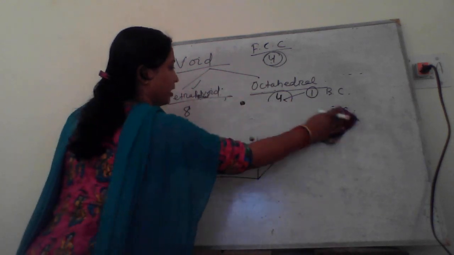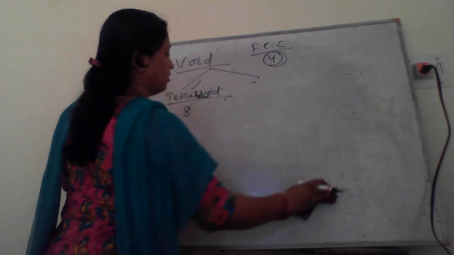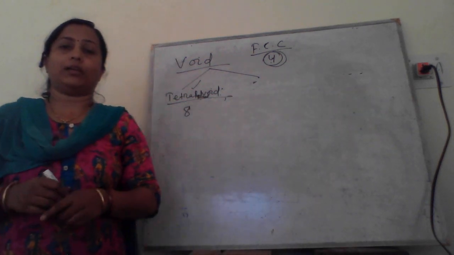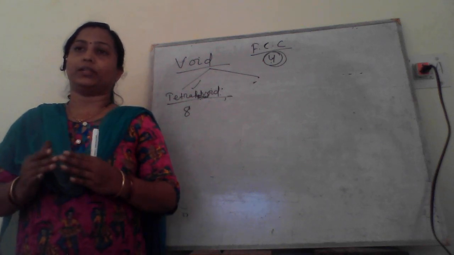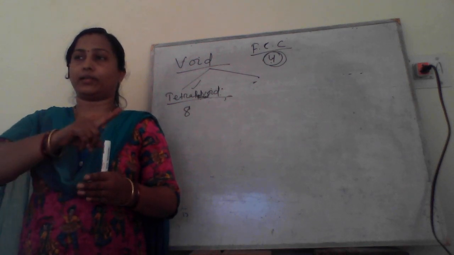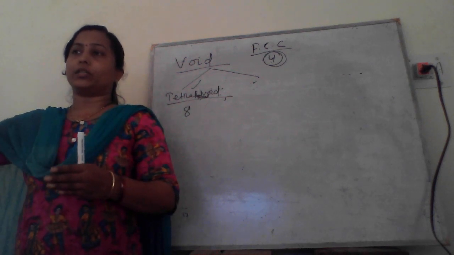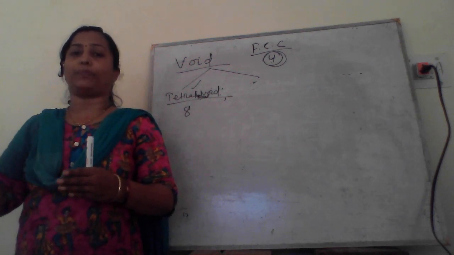Look how they are formed. Suppose we have a unit cell, and when we cut the unit cell lengthwise into 2 parts, then it is converted to 2 parts. When it is cut breadthwise into 2 parts, then it is converted to 4 parts.